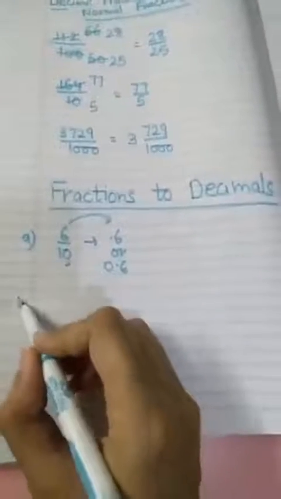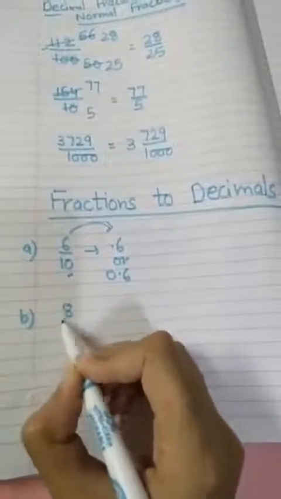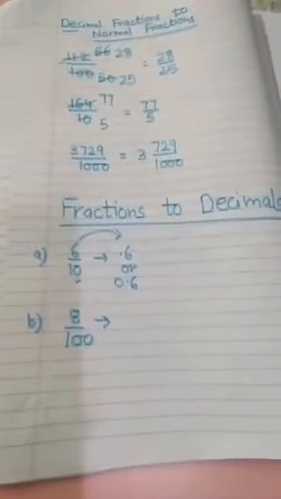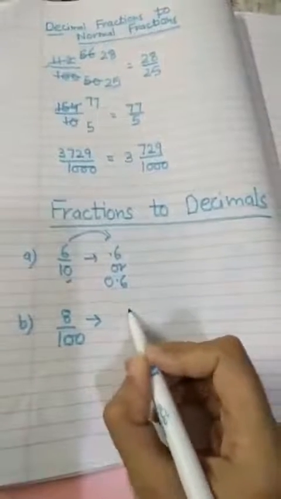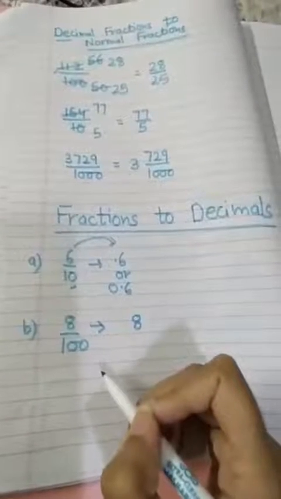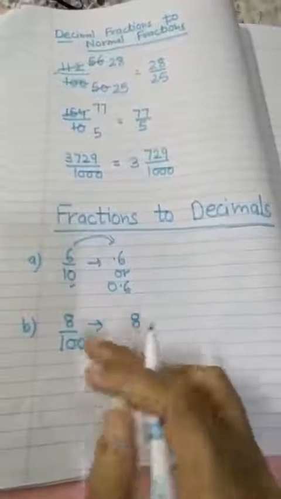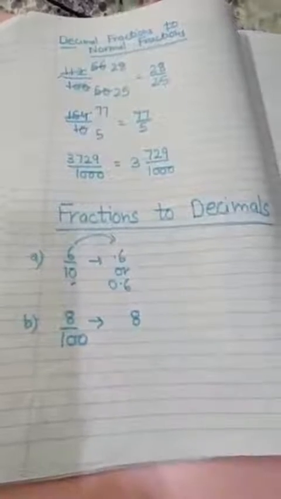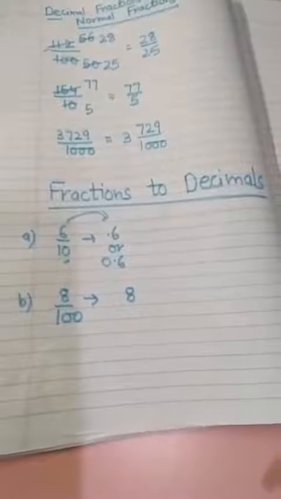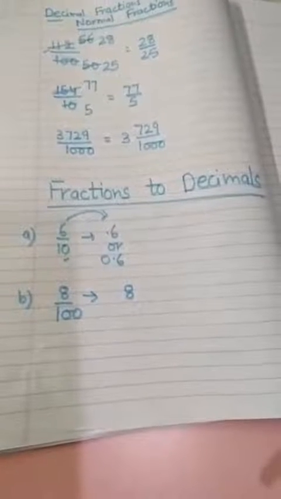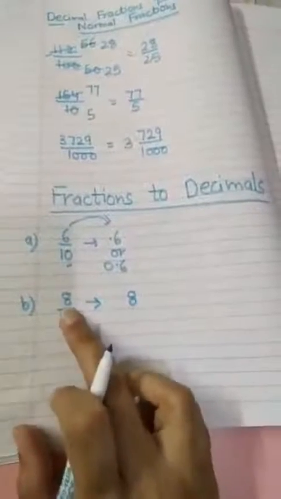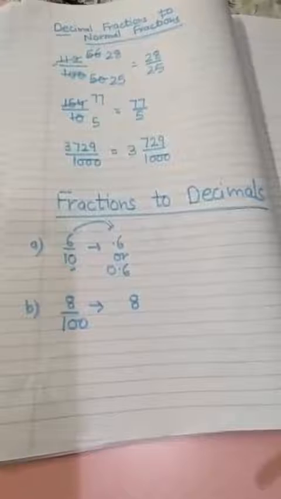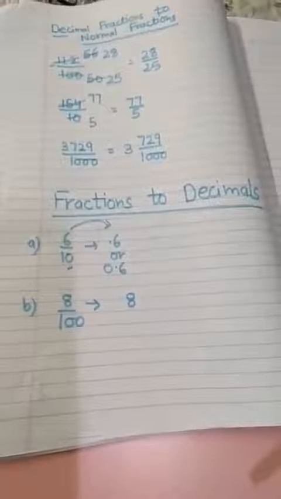In the same way, if we have a fraction 8 upon 100 and we have to convert it into a decimal, first of all we write down the numerator as it is, and we are going to place the decimal towards the left of this 8, leaving 2 places.